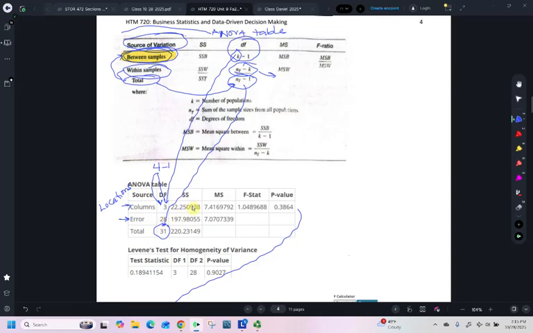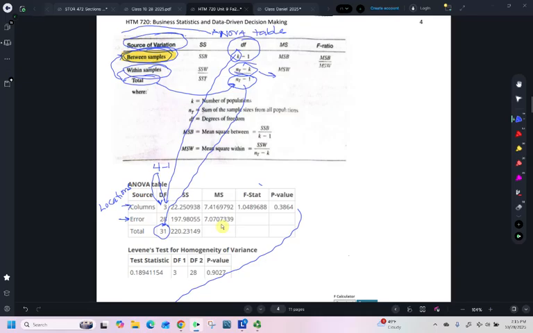Then you have the sum of squares for location, the sum of squares for error, and the sum of squares total. Now the mean square for the columns and the errors will be the sum of squares for columns or locations divided by the degree of freedom. That will give us the mean square for columns or locations, and the sum of squares for error divided by the degree of freedom for error will give us the mean square error.